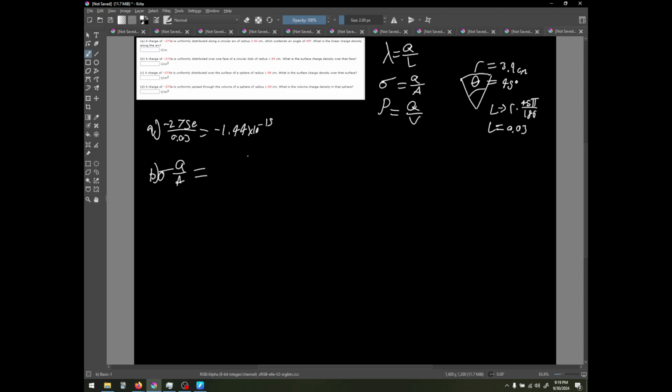Pi r squared. So this one's just going to be -275e over pi 1.95. Now it wants it in meters, so maybe 0.0195 squared. Let's see.